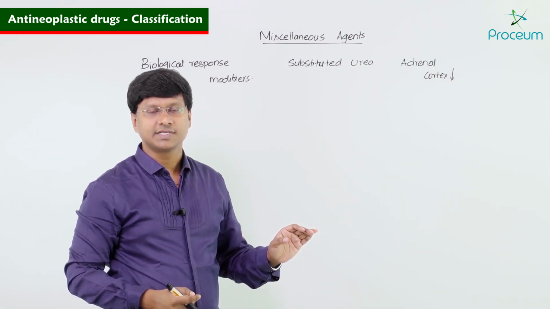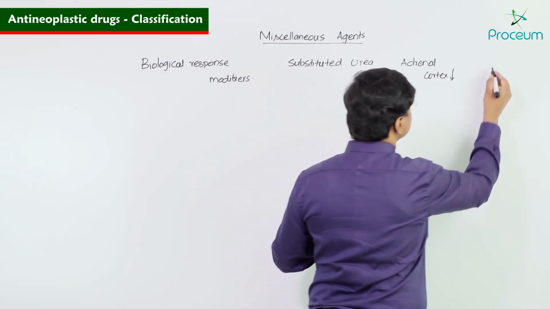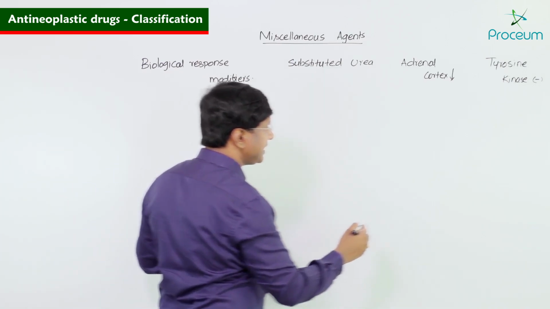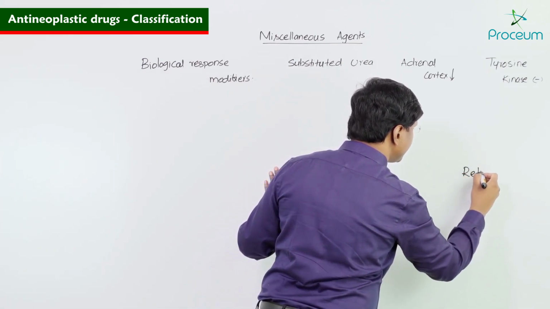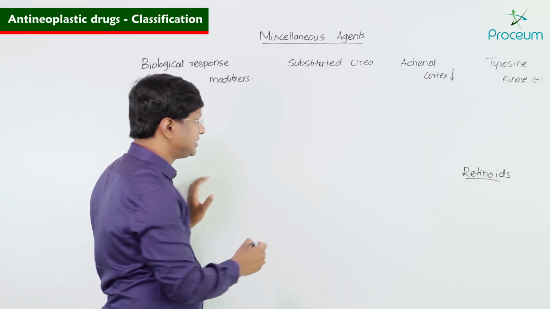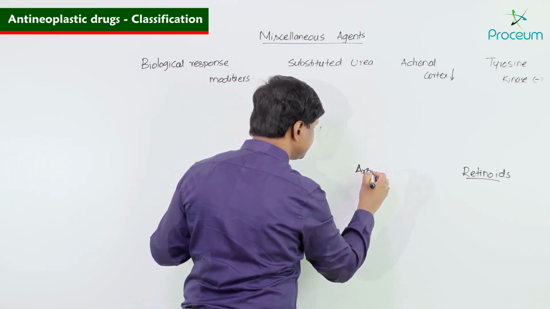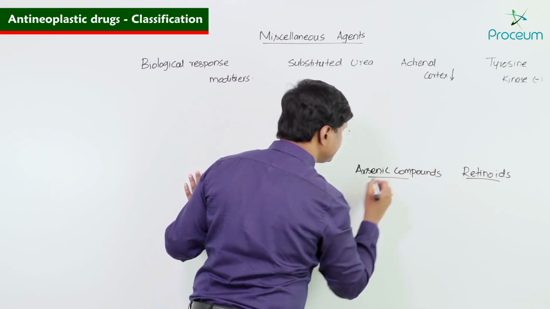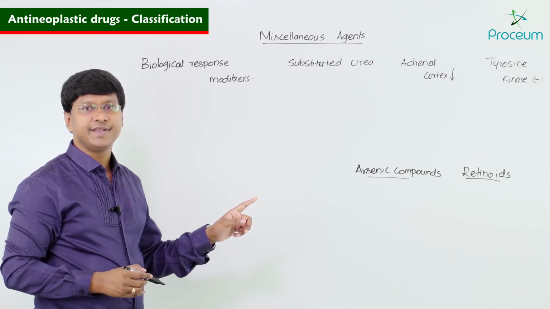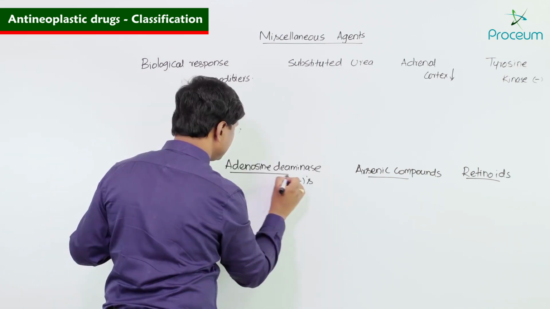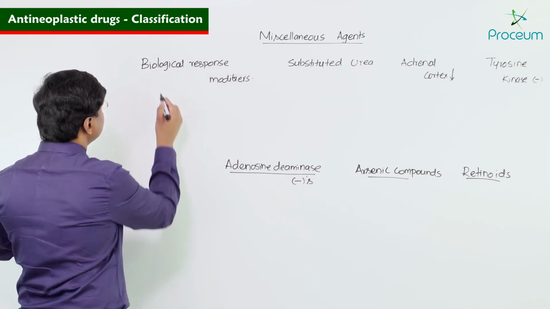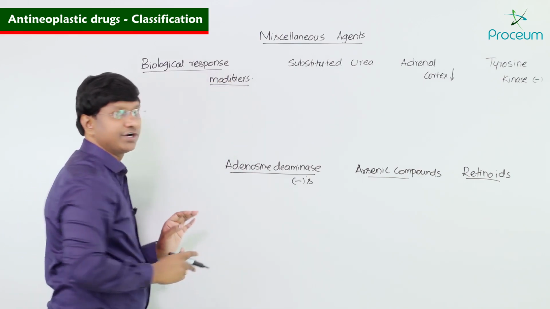Apart from the adrenal cortex suppressants, we have tyrosine kinase inhibitors. Then we have retinoids, then arsenic compounds, and lastly we have adenosine deaminase inhibitors.